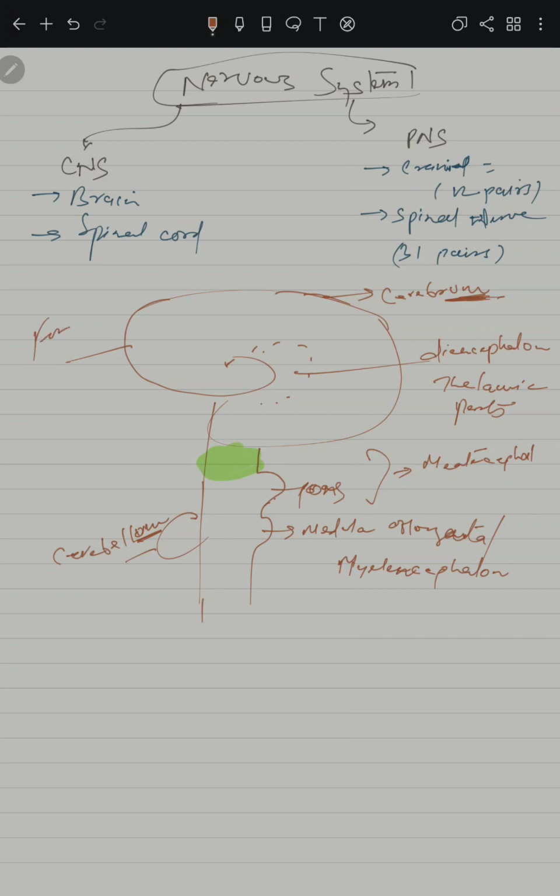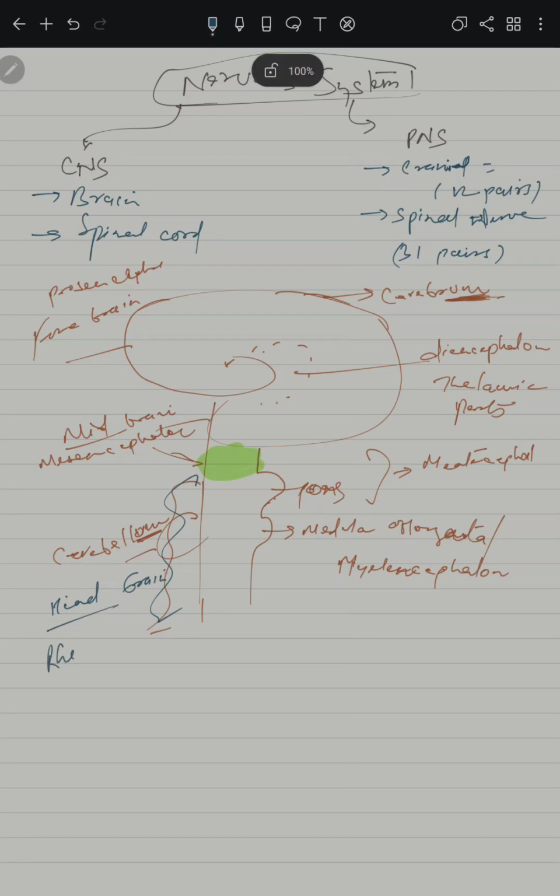And this is the forebrain. It's called prosencephalon. This is the midbrain, also known as the mesencephalon, and this is called the hindbrain, or rhombencephalon.